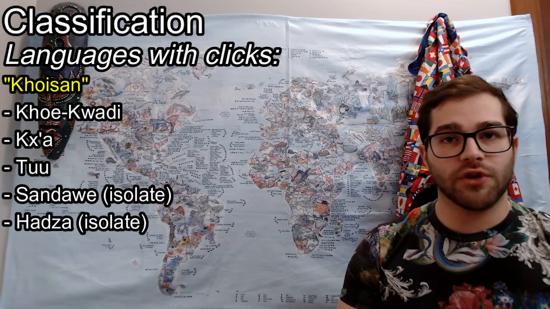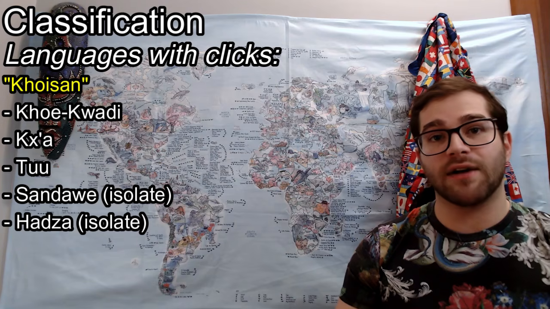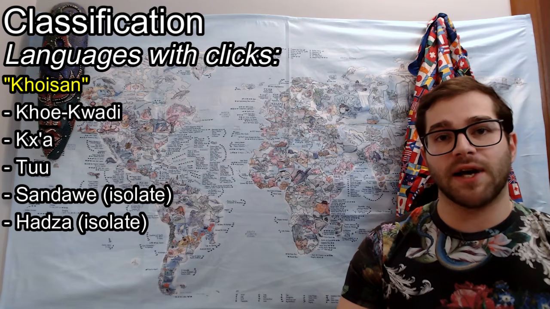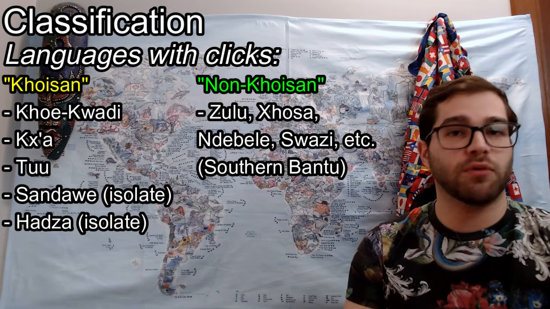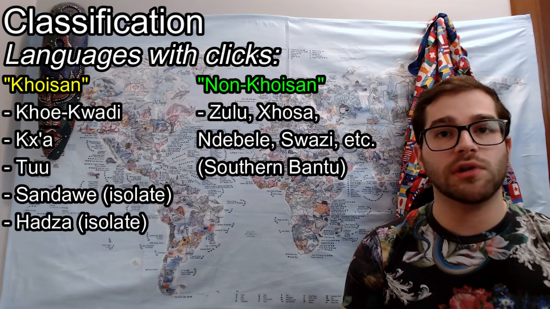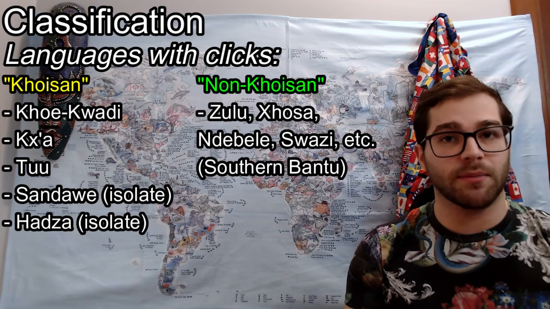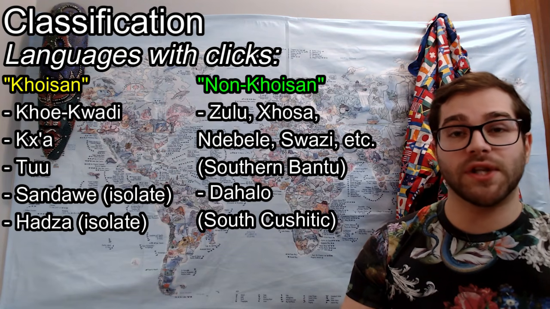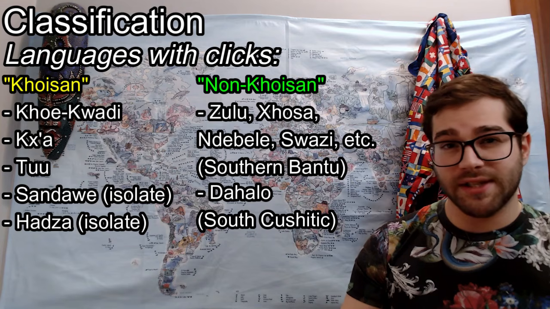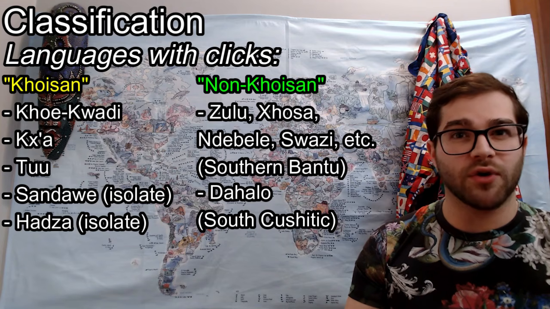While we're on the topic, I should mention that there are a bunch of other languages that have click consonants that were never classified as Khoisan. These are the most famous southern Bantu languages that you've probably heard of, such as Zulu, Xhosa, Ndebele, Swazi, and a bunch of others. There's also a South Cushitic language called Dahalo, spoken in Kenya, which has a few clicks here and there, but they're relatively rare in that language.